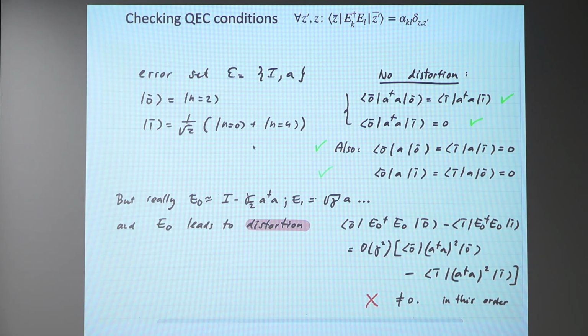That was the no distortion condition, right? But if I plug that in, I get a term that scales like gamma squared, and it looks like I take the expectation value of the number operator squared, which is different for these states because this is an eigenstate of the number operator and this is not an eigenstate, right? On average, n is the same, but there are different fluctuations.